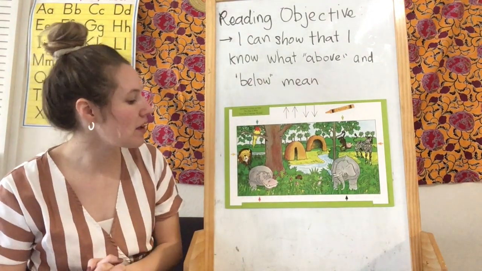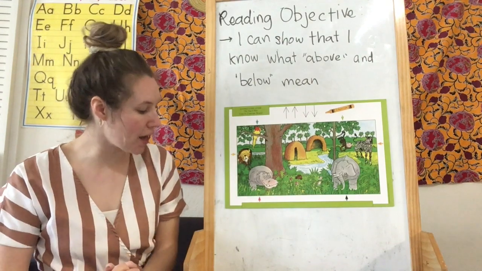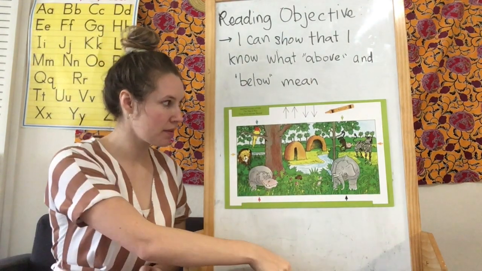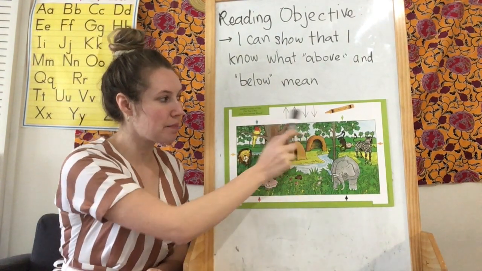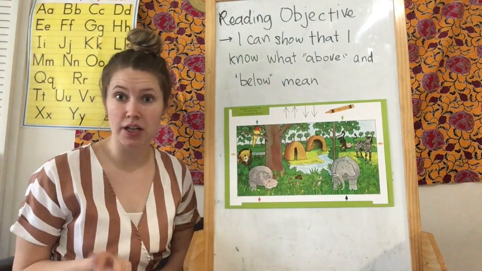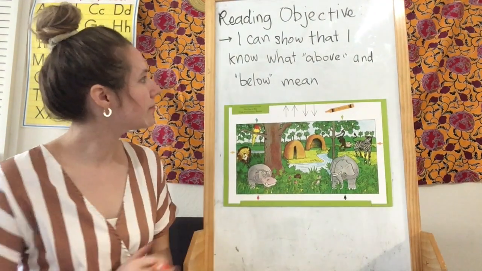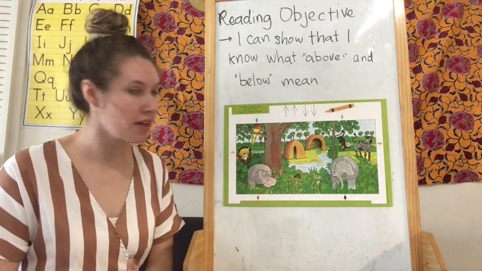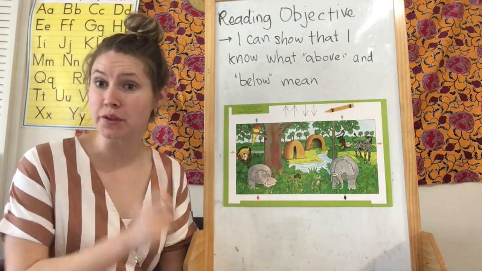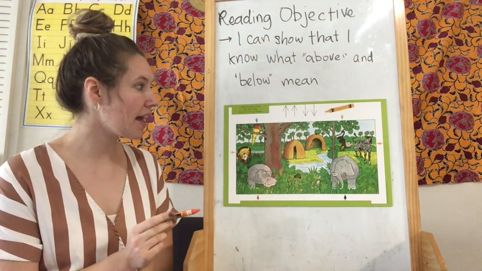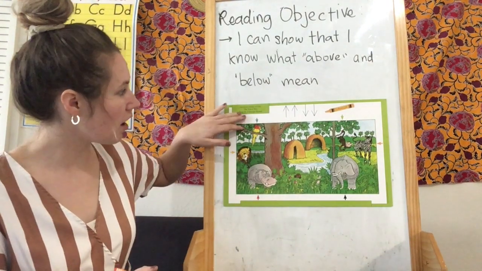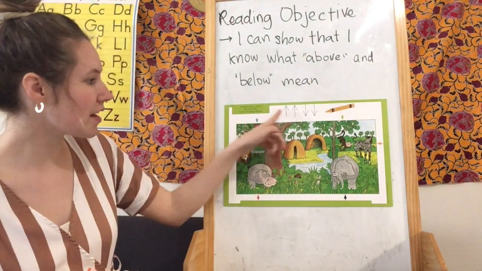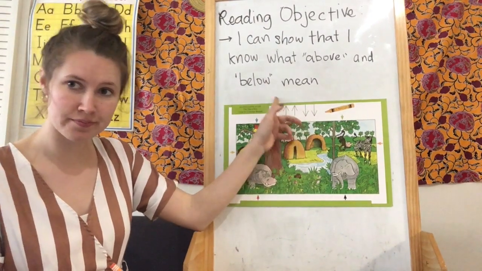Okay, so let's think about above and below. We have on our concept board here, actually our color is orange, so I'm going to get an orange crayon. Our color for this unit is orange, and I see on our board here, we have some shapes up here.